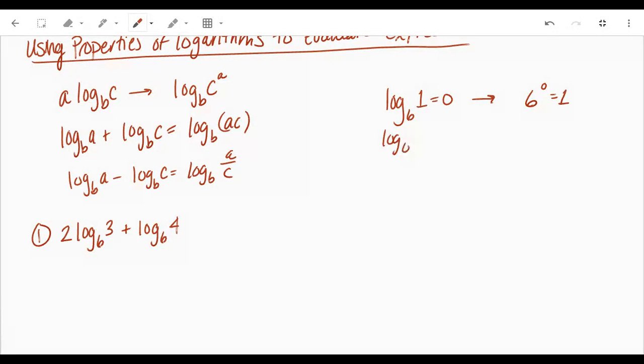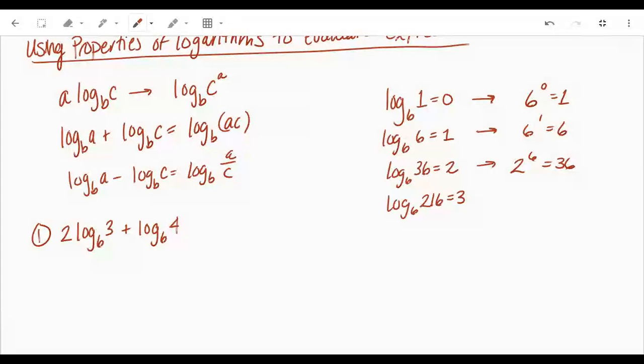Log base 6 of 6 is 1 because 6 to the 1 is 6. Log base 6 of 36 is 2 because 6 squared is 36. Log base 6 of 216, I guess 6 cubed is 216.